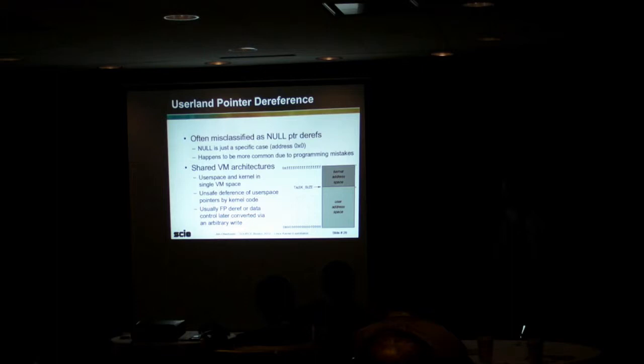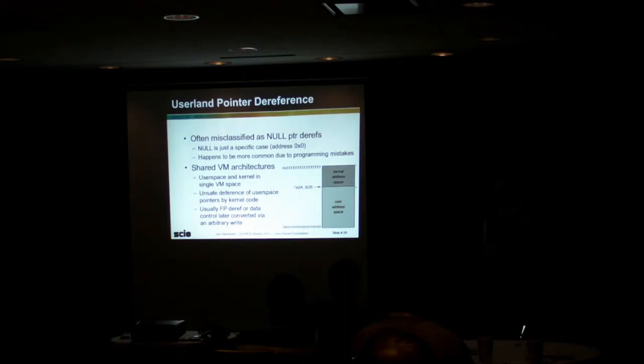The one that people have gotten way overly excited about in the past maybe year or so is these null pointer dereferences. And calling it null pointer dereferences is actually wrong. Well, it's not wrong, it's just not completely accurate. These are userland pointer dereferences, of which null is just a very specific case.